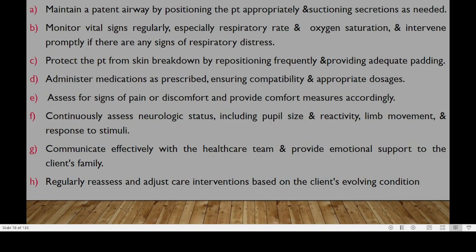You have to monitor vital signs regularly, especially respiratory rate and oxygen saturation, and intervene promptly. You have to protect the patient from skin breakdown, that is pressure injuries. A link on pressure injuries will be popping up. You can see how to grade them and how to manage the different degrees.